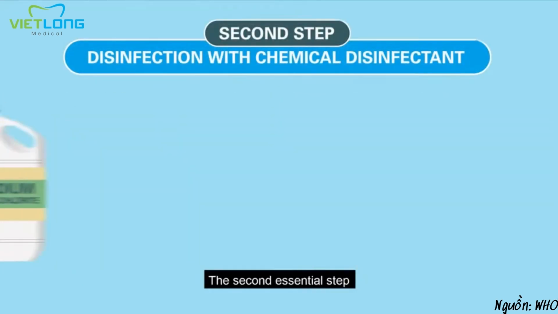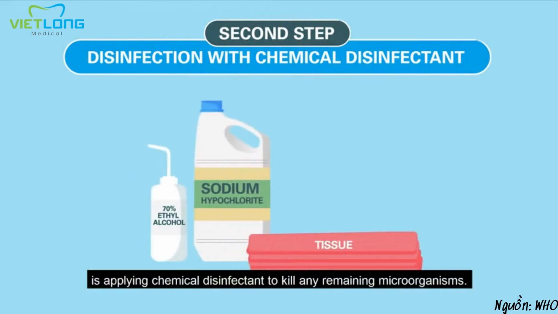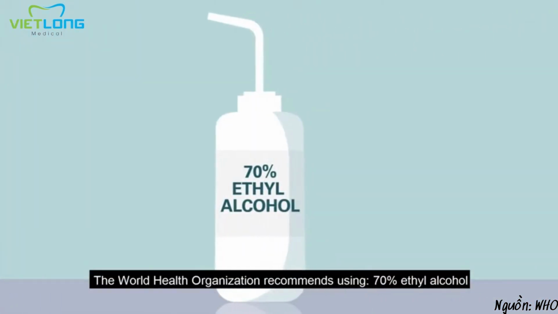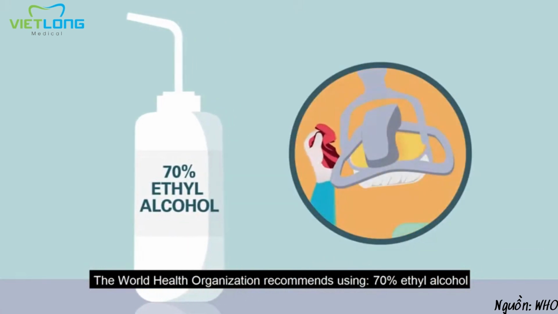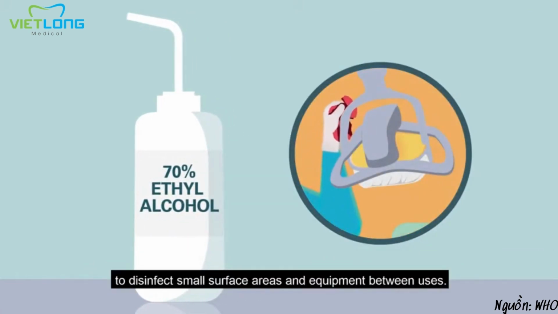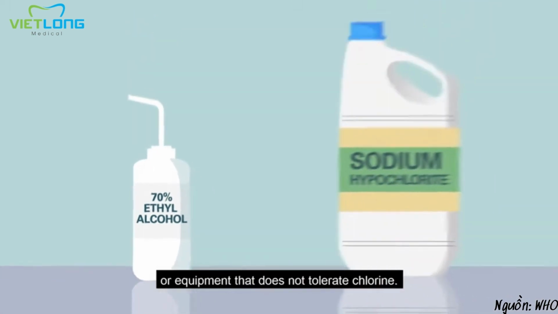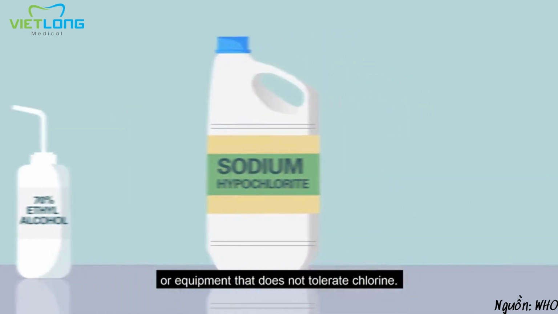The second essential step is applying a chemical disinfectant to kill any remaining microorganisms. The World Health Organization recommends using 70% ethyl alcohol to disinfect small surface areas and equipment between uses. This includes reusable dedicated equipment or equipment that does not tolerate chlorine.